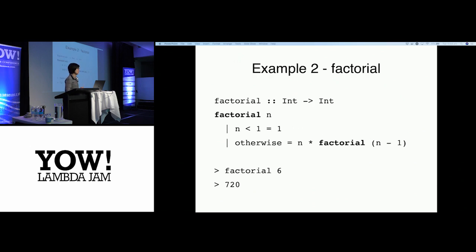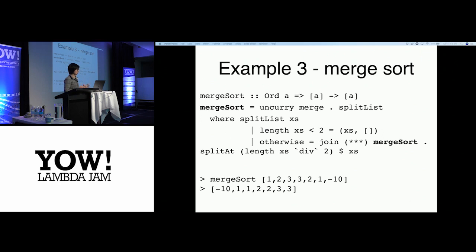The second example is building a factorial number. And again, there is a mix of recursive calls and some application logic. Similar situation in the merge sort.